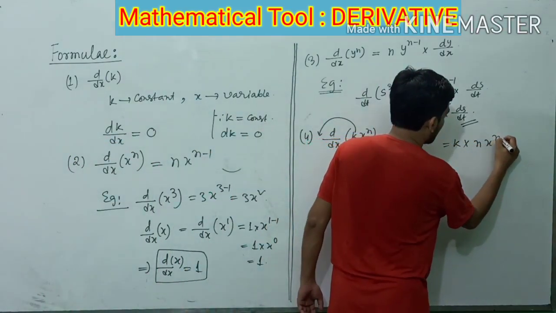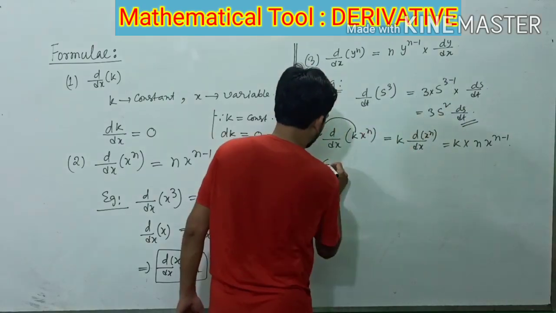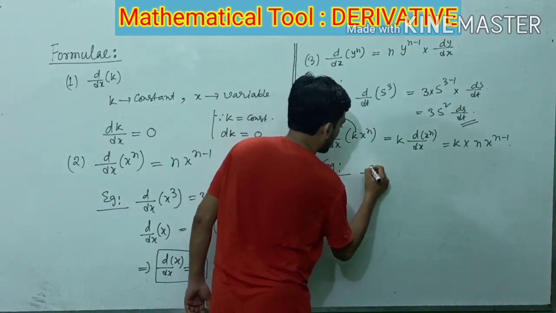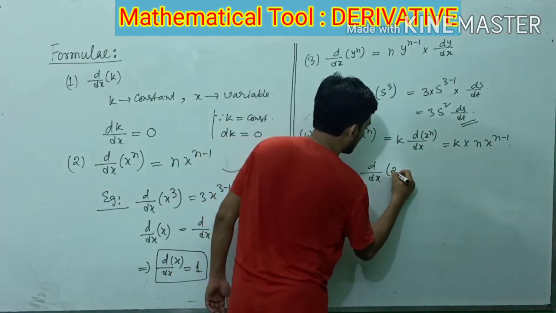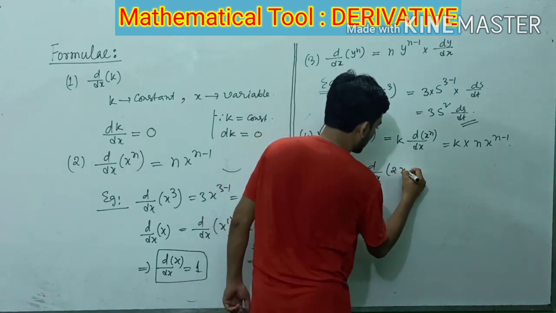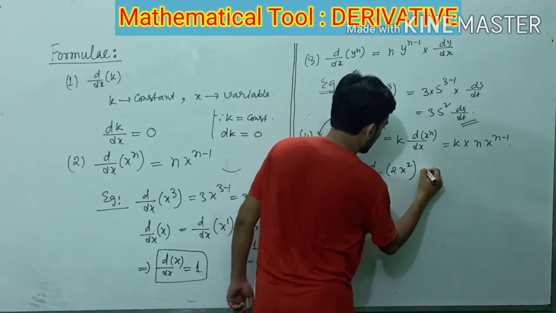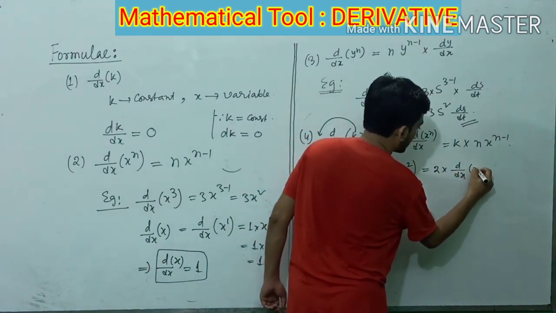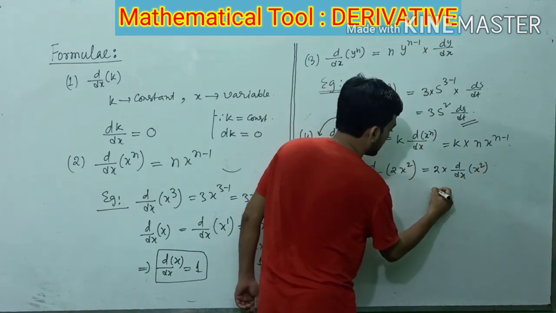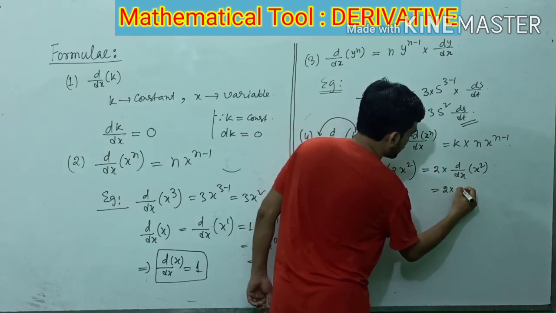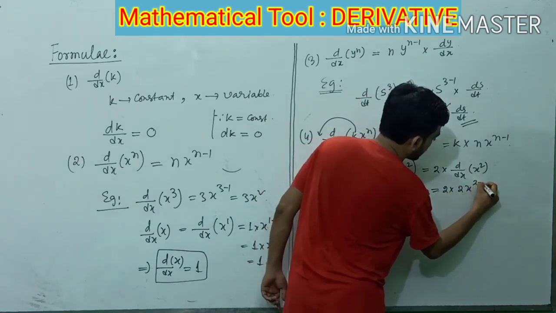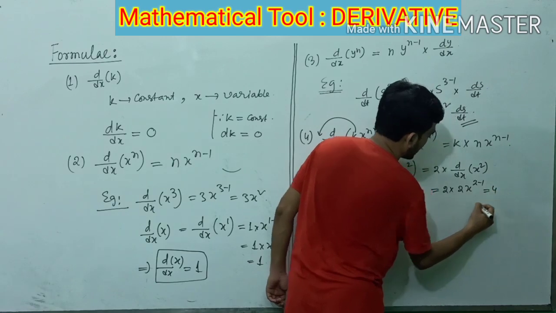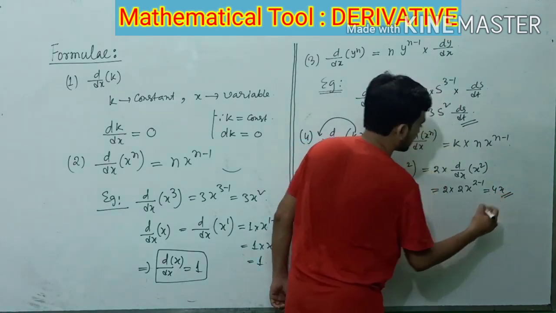One example we are considering is d/dx of 2x to the power 2. It will be 2 into d/dx of x square, which is 2 into 2 into x to the power 2 minus 1. Simply we will get 4x. Understood?